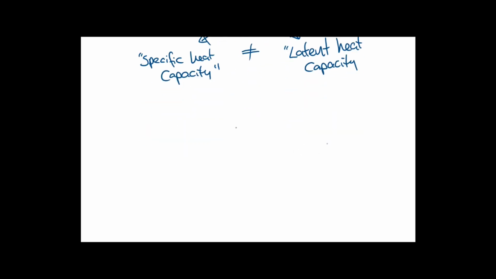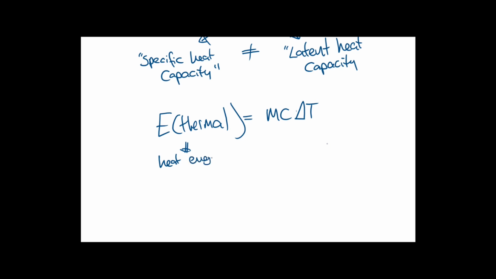So in the exam, the formula that they will give you will be in this form: E thermal equals m c delta T. So E thermal is basically the heat energy, so that's going to be measured in joules.